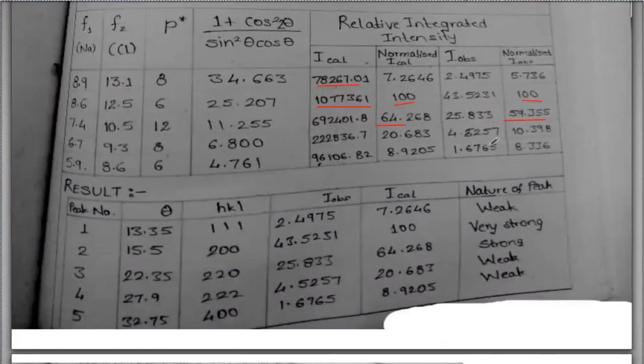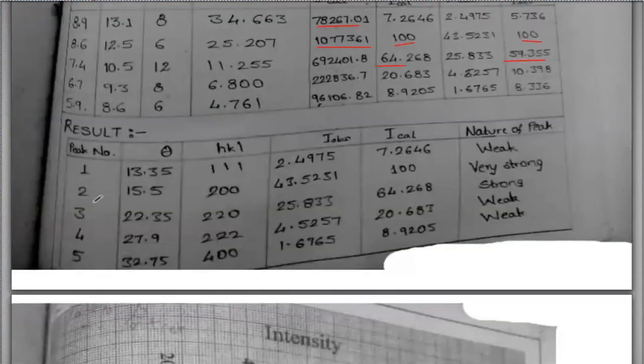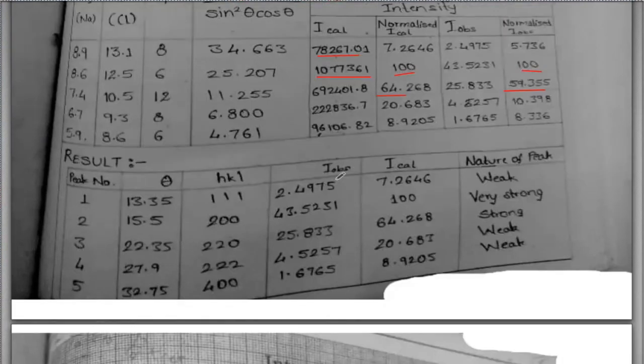So after doing this, you can tabulate, say peak number 1, 2, 3, 4, 2 theta or theta value, corresponding HKL if you want to put it. That will be better. Then you can put normalized observed and calculated values. Okay, since we have all these records, we can normalize to a standard scale and then put it, and then you can just comment on the nature of the peak. So for the 100%, you have a very strong peak, then 64%.